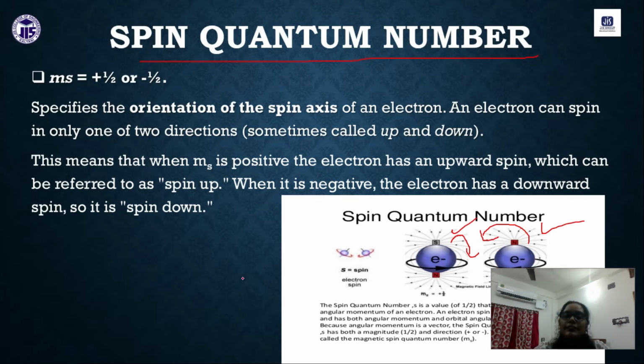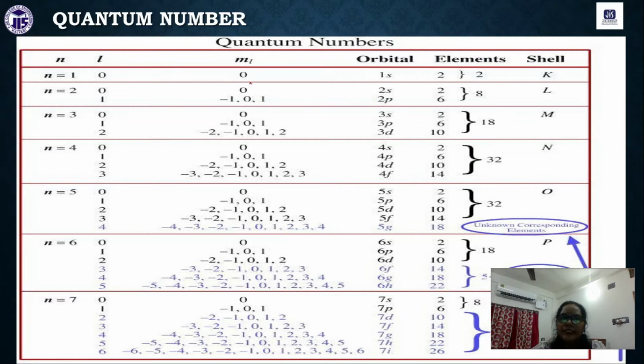Okay, so this is called spin quantum number, and which is denoted by ms. The value of the ms will be plus half or minus half. Okay, and sometimes it is also called up and down. Okay, so these are some of the quantum numbers. What are the quantum numbers if n equals 1? If n equals 2, what will be the quantum numbers? So these are some of the quantum numbers.